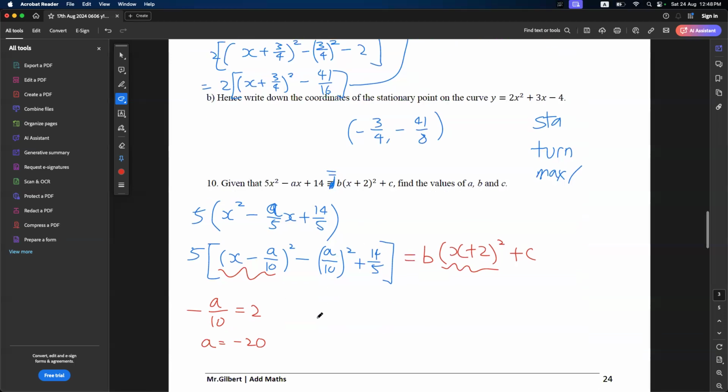What's the next equation that I can say? B is equal to how much? 5. 5 for sure.